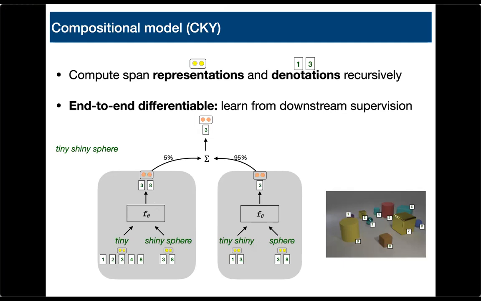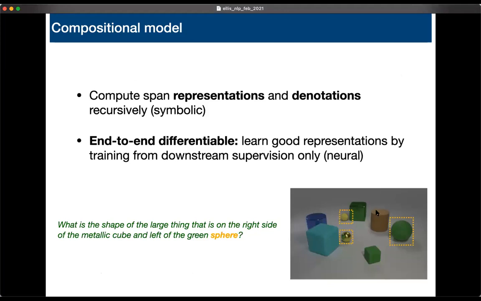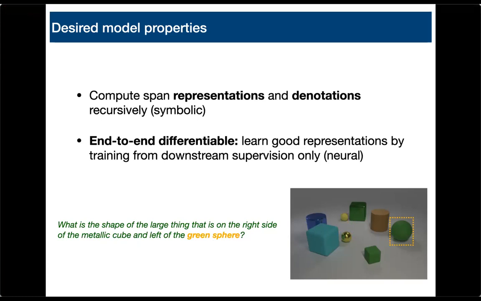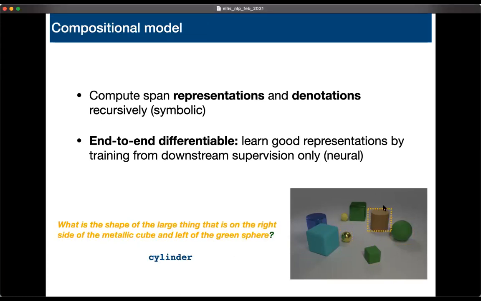So this is more or less how it works, from words until you have it for the entire utterance. What would that look like quickly? For the word sphere, we might want the denotation to be the spherical objects in the image, and then green will be the green stuff, and then hopefully green sphere will result in the function that computes the intersection, and so on until we have some denotation, which is some object in the image from which we extract the answer, which is cylinder.